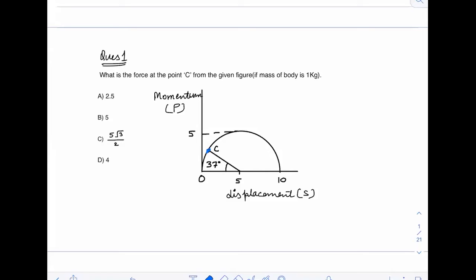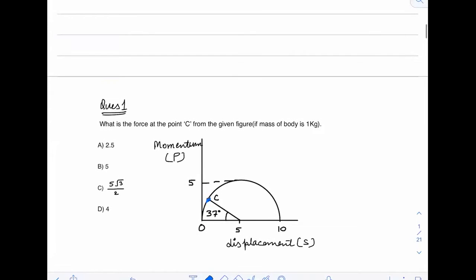Now, if you see this figure, in this figure I have this momentum and displacement graph. For this graph, if I calculate the slope at point C, what will I get?